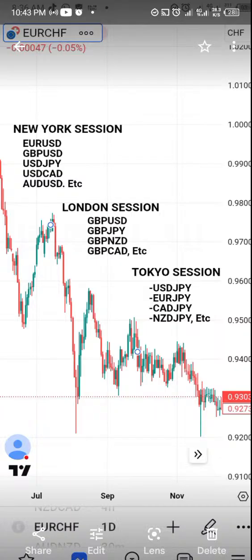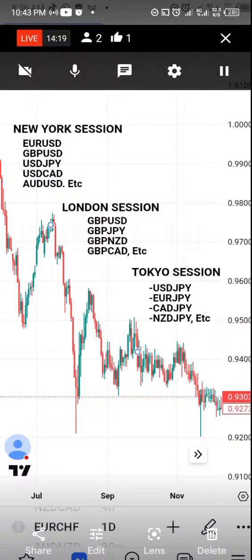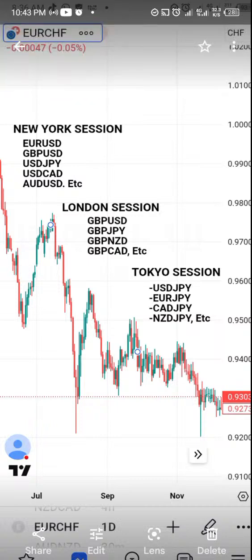The New York session, with Sydney and Frankfurt, is just in between, where for some people it's almost their evening, some is their morning, some is their noon, right? So that New York session is the busiest session of the forex market.